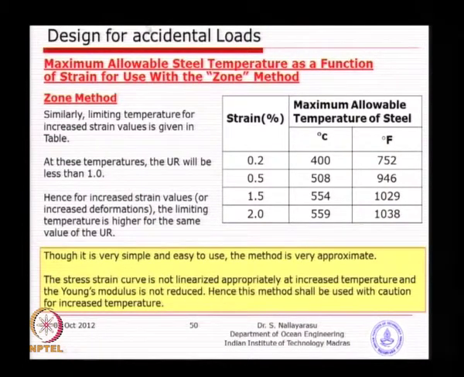For example, when you restricted the strain to 0.2%, at 400 degrees your unity check value is 1, whereas when you allow larger deformation, the strain values are higher, then you can possibly allow higher temperature. So, the higher the deformation values you would like to allow, you can have a slightly increased temperature, for example, if you want to allow 2% strain, then you can go for higher temperature.